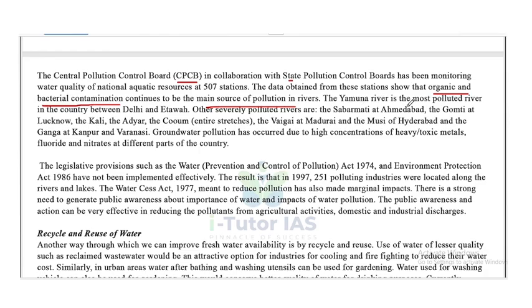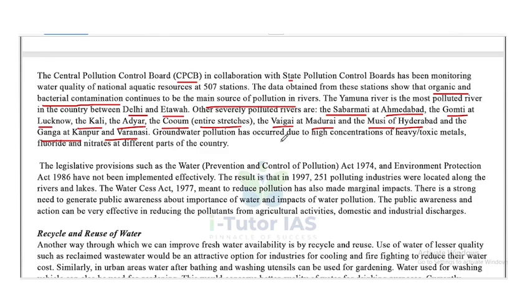The Yamuna River is the most polluted river in the country between Delhi and Etawah. Other severely polluted rivers are the Sabarmati at Ahmedabad, the Gomati at Lucknow, the Kali, the Adyar, the Cooum, that is, entire stretches, then Vaigai at Madurai and Musi at Hyderabad, and the Ganga at Kanpur and Varanasi. Okay, so these are some of the important rivers which are severely polluted.